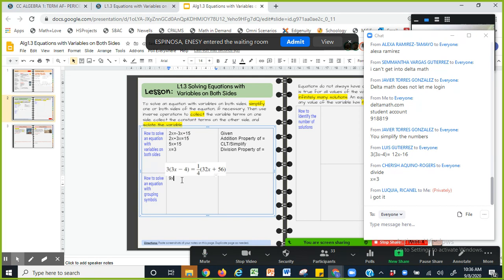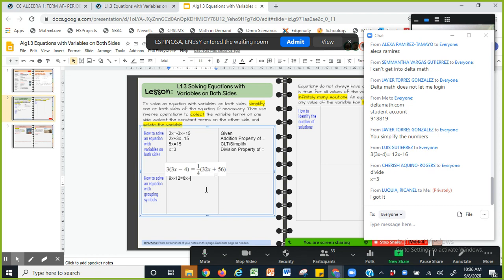Minus negative 4 equals negative... Keep going. Divided by 1/4, a quarter times 32 equals 8, and 1 times 56. I haven't figured it out yet.